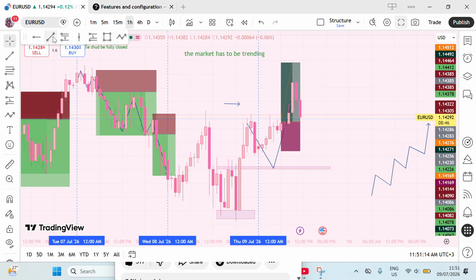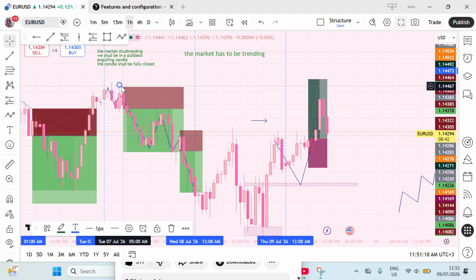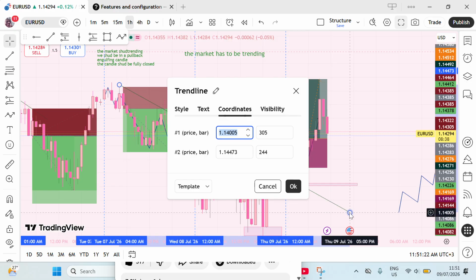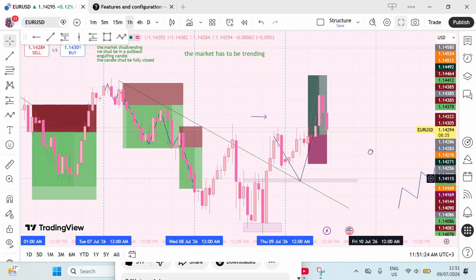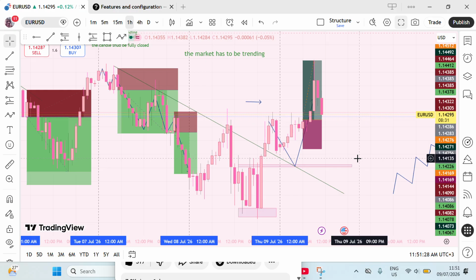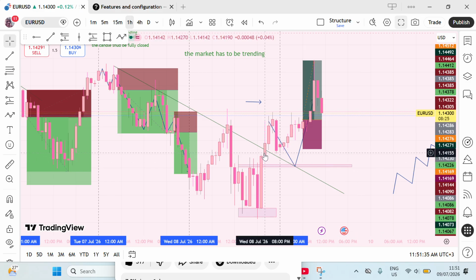So for you to realize that the trend is gonna change, you're supposed to use what we call a trend line. And a trend line is this. For you to understand that the market has changed from being bearish to becoming bullish, it has to break this trend line.